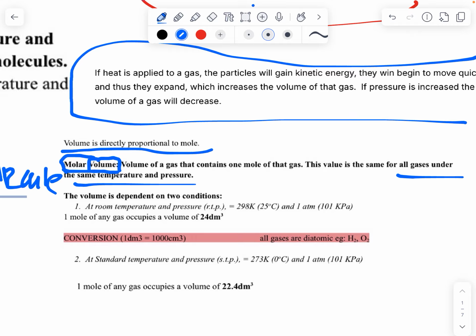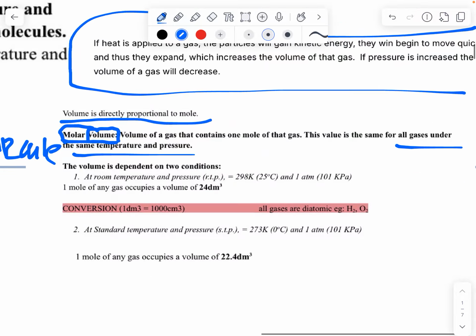For these calculations, we're only going to be referring to 2 types of conditions, which of course have the same temperature and pressure. The first one is room temperature and pressure. Room temperature is 25 degrees Celsius and the pressure is 1 atm.